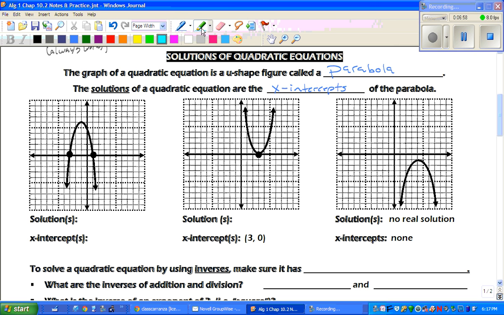So now the answers, what we're looking for, are right there. What does x equal? Well, x equals negative 3, and x equals 1. And when we write those as intercepts, we write them as the points negative 3, 0, and 1, 0.